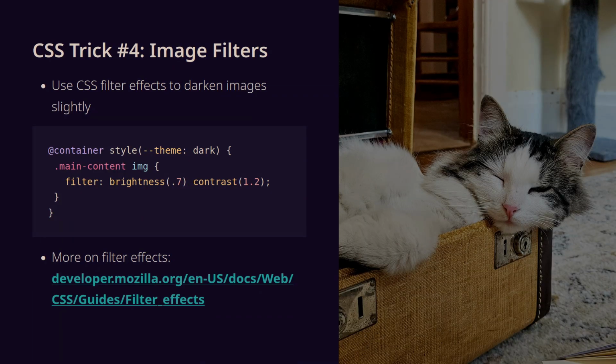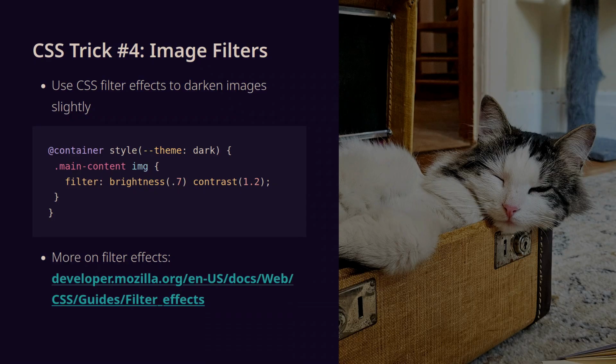All right, image filters. So we wanted to darken our images a little bit in dark mode, and that's my cat Sakura there in the little box. And so this is another kind of newer thing in CSS that you can use filter effects to darken images, and there's lots of different things that you can do with filter effects.